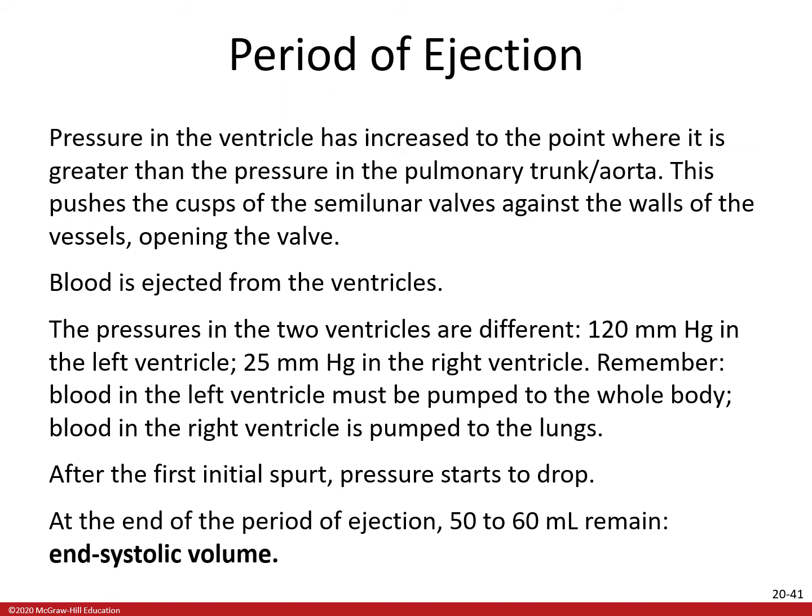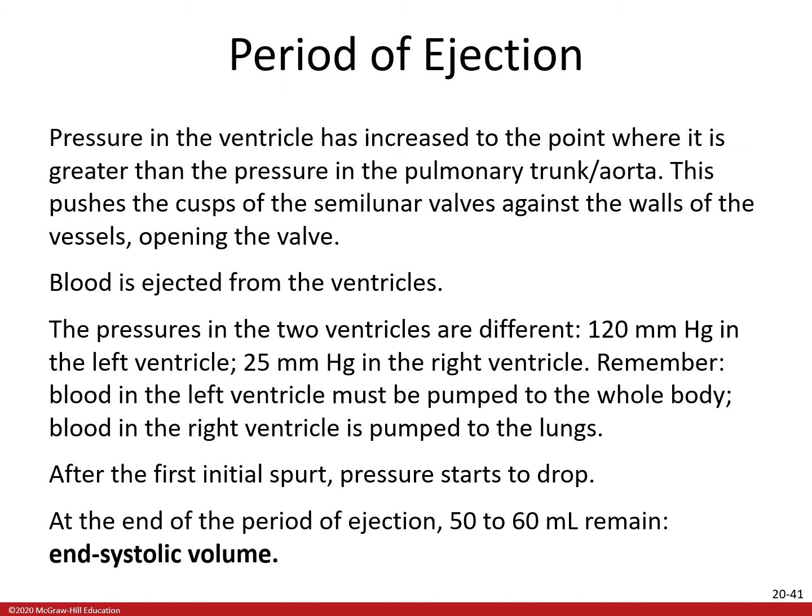Although the pressures are different, both valves open at nearly the same time, so make a little note of that. As blood flows from the ventricles during the period of ejection, the left ventricular pressure continues to climb to approximately 120, and the right ventricular pressure increases to approximately 25.